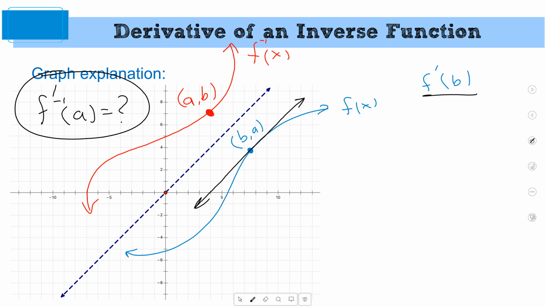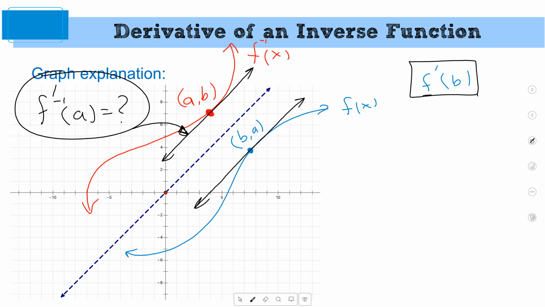So if I know the point (a, b) is on the inverse function, then I know the point (b, a) is on the original function. This is pretty easy to do. Take the derivative, plug in b. But really, what I'm asking initially is, what is the slope of that line? That's the original problem. And here's the kicker.